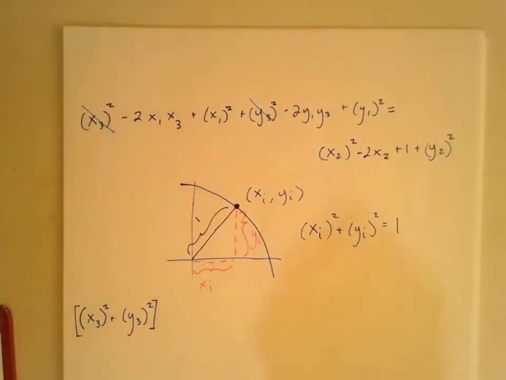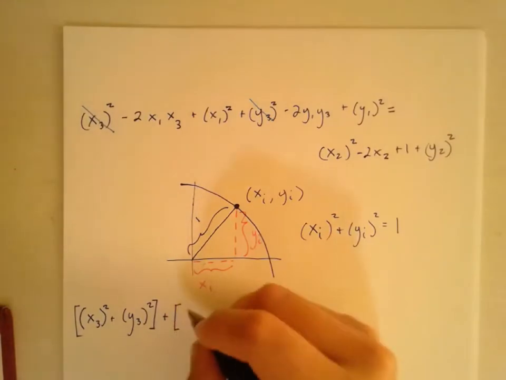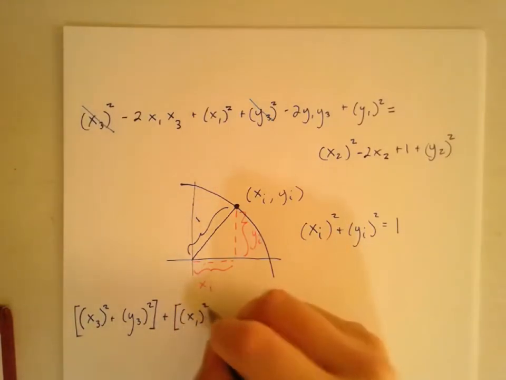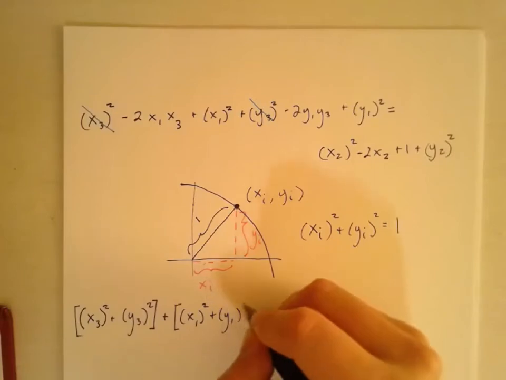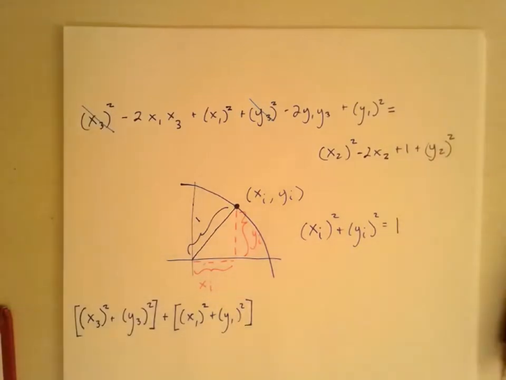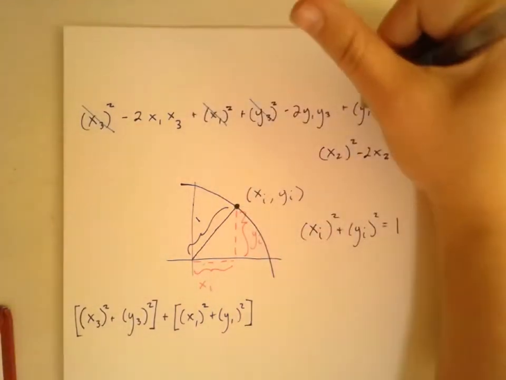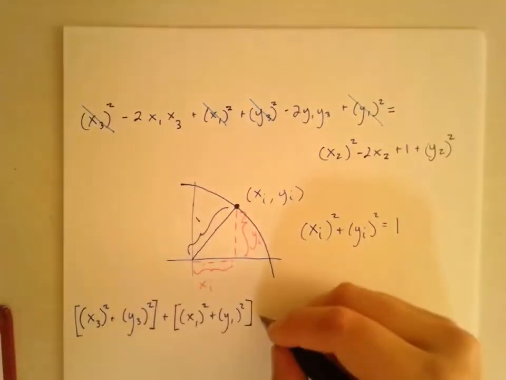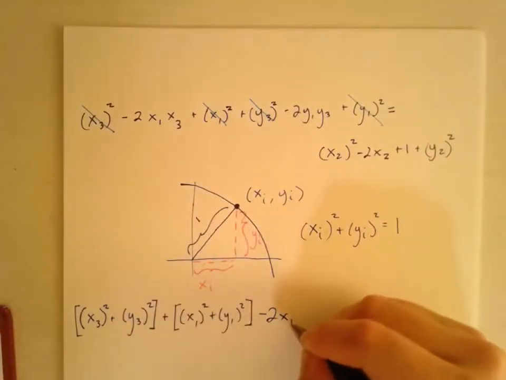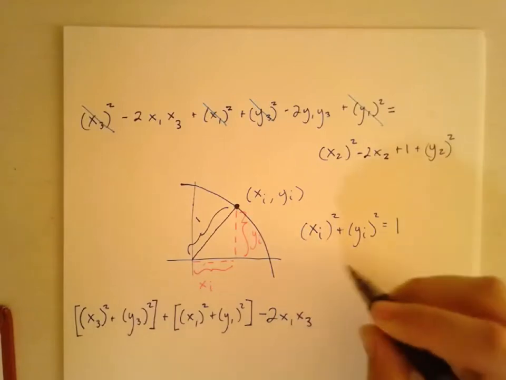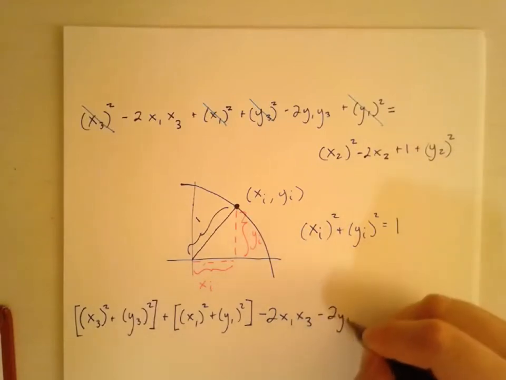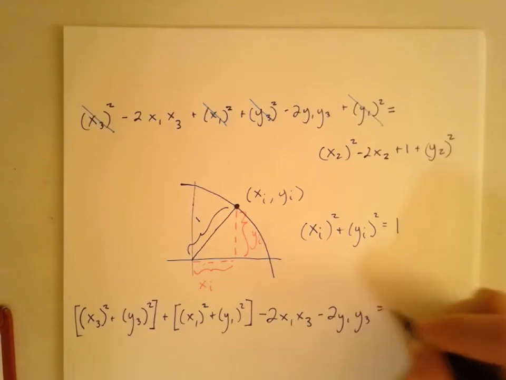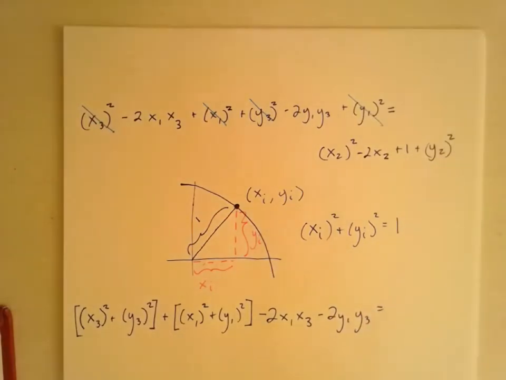And then I'm going to add my x sub 1s, right? My x sub 1 squared and my y sub 1 squared. Take care of those. And then I get to write the last two terms on the left side. Negative 2x1, x3, negative 2y1, y3, and that's the left side of my equation.